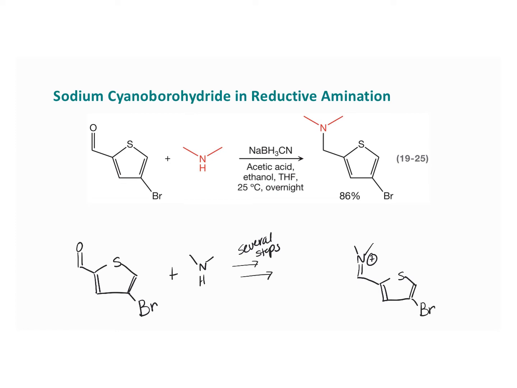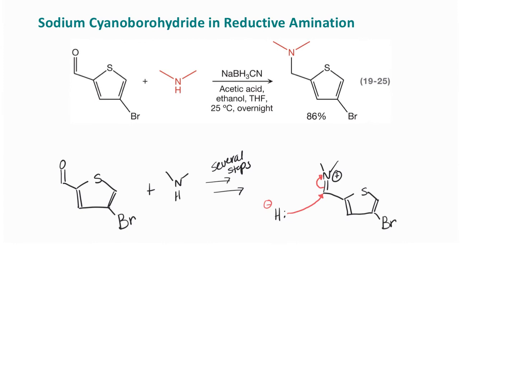Okay, so we have that, and what sodium borohydride, sorry, that is not sodium borohydride, cyanoborohydride does is it is going to come in here, and the hydride part is going to come in and attack that imine carbon, right? Because we still have this reactive center there, and then these electrons are going to jump up there, okay?